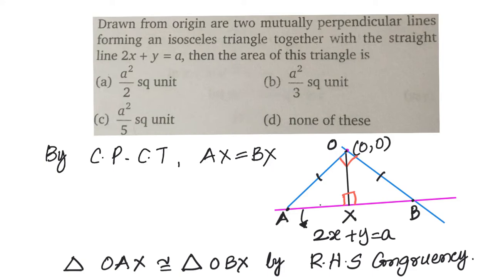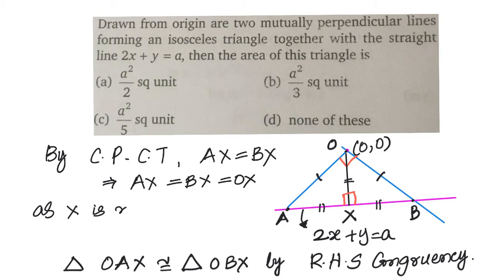If X is the circumcenter of the triangle, then AX equals BX equals OX. So now everything boils down to just finding OX and putting it in the formula half into base into height, because we know AB is equal to 2 times OX.